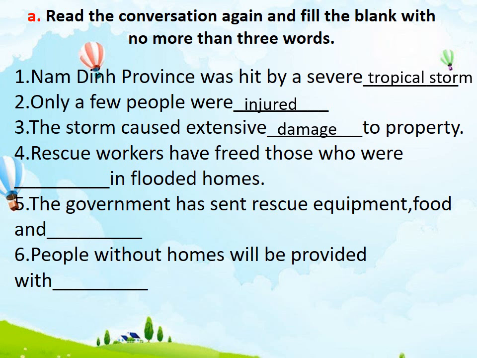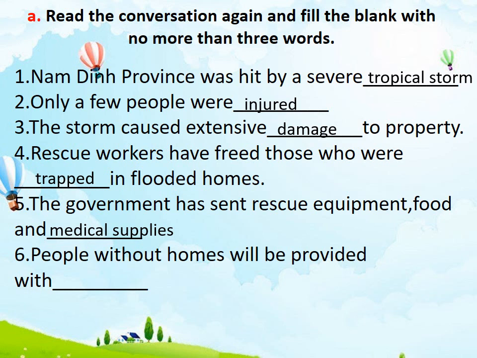To property. Number 4, rescue workers have freed those who were trapped in flooded homes. Number 5, the government has sent rescue equipment, food and medical supplies.